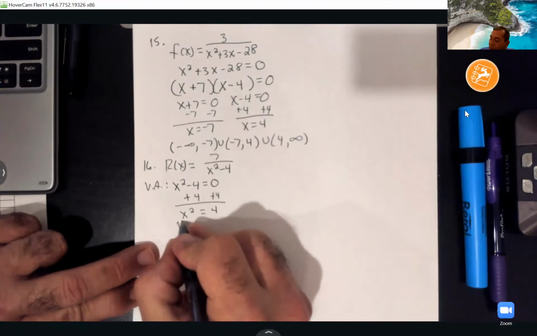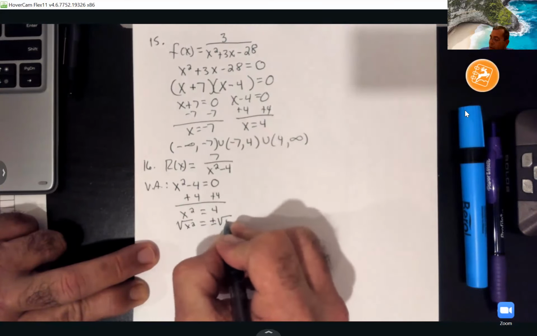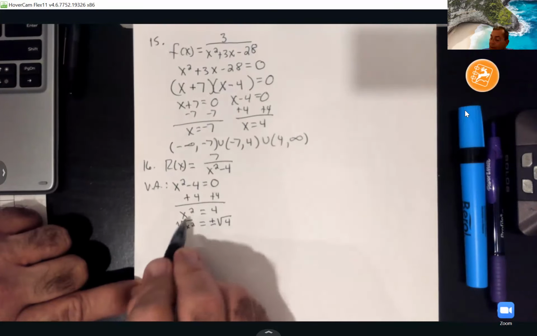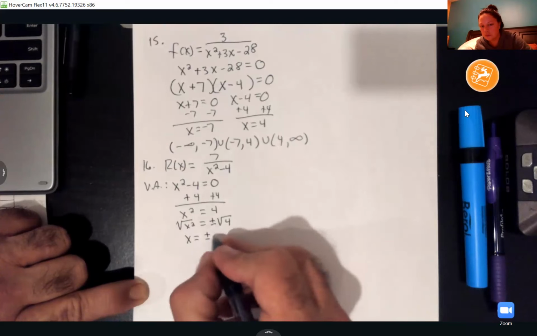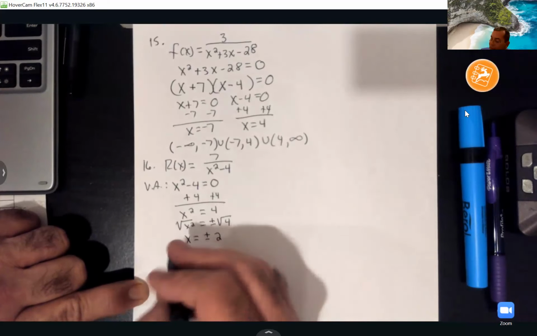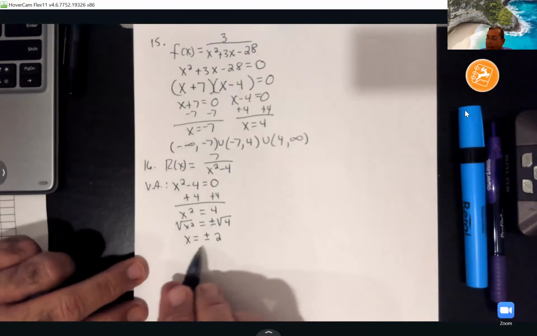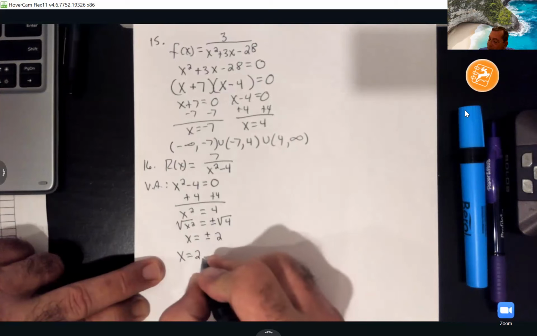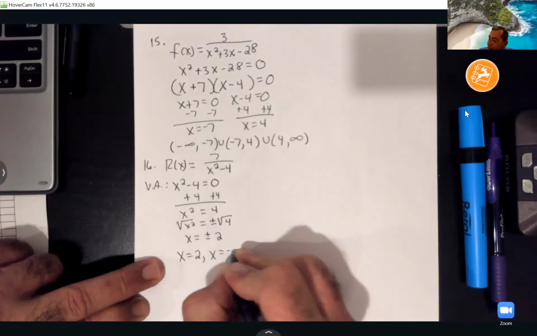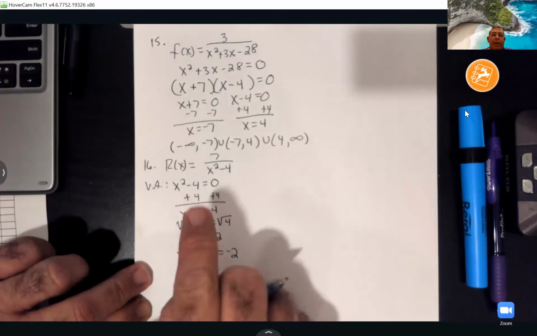And then if I take square roots of both sides, that'll be a plus or minus square root of 4. So that I get x equals plus or minus. There you go. So MATLAB, I'll look when we go. It might take it with a plus or minus, or we might have to do this. X equals 2, X equals -2. So we'll look at how we got to do it when we get there.